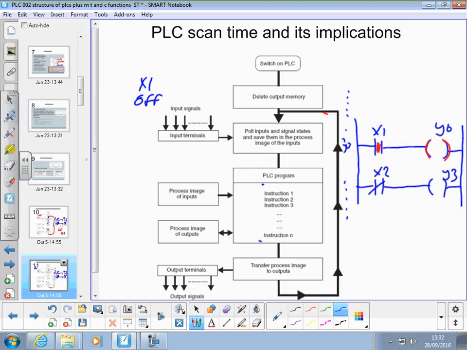So it's in this area up here doing some work, and at that time X1 in real life turns on, but in there it says it's off.